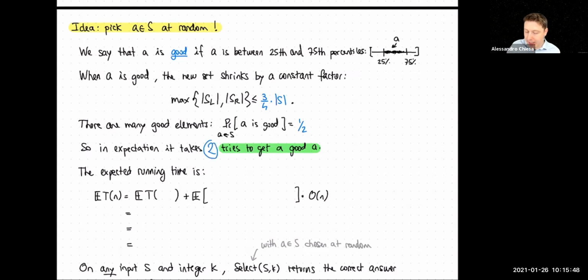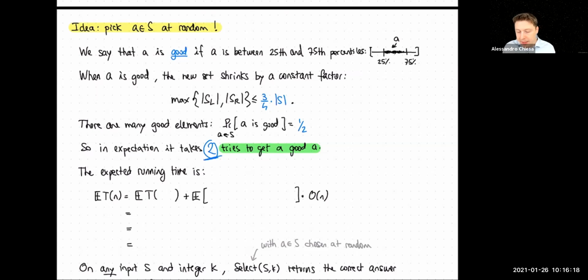And I can say this because I know when to stop. If I didn't know whether A is good, I may not get a good recursion. But here I pick A at random, and then after that, I check if A is good. I may be unlucky, so I'll try again, but each time I sample A, I have a pretty good chance that it will be good, a half. So in expectation, it's going to take me 2 tries to get a good A.